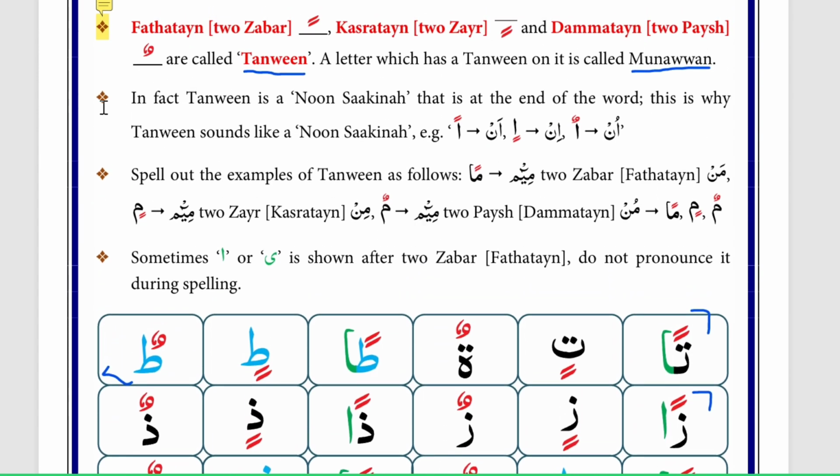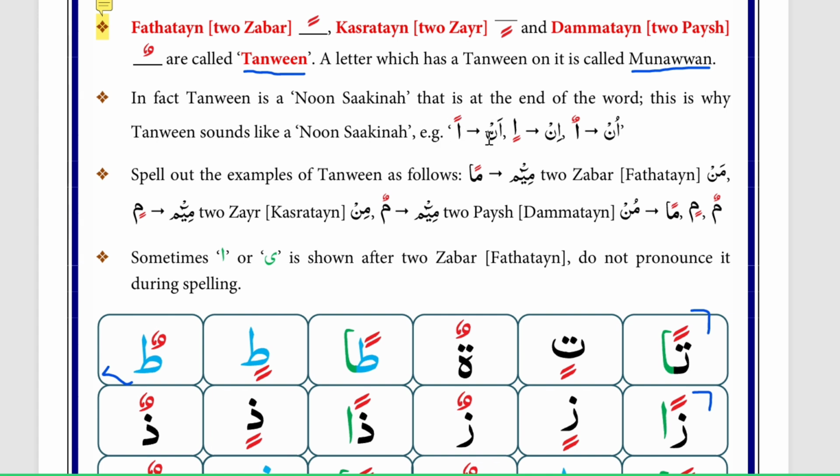Next point is, in fact, tanween is a noon sakina that is at the end of the word. That's why tanween sounds like a noon sakina. So you can see this is hamza two zabar an. Similarly, hamza noon zabar an.